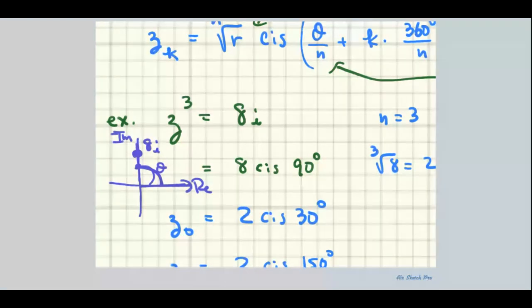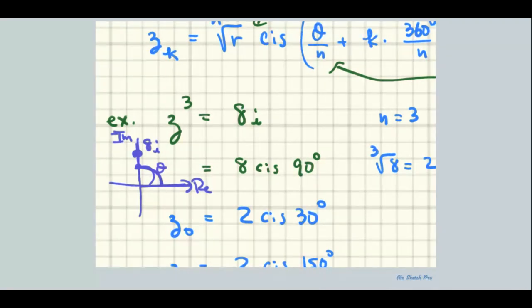What's the sine of 90 degrees? Anybody? 1. So you see, this is 8 times 0 plus i times 1, all of it times 8, right? 8 times 0 plus 8 times i times 1, right? And so it's just 8i.